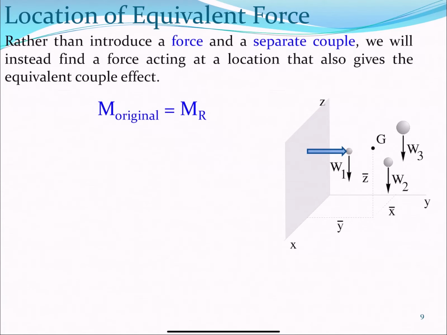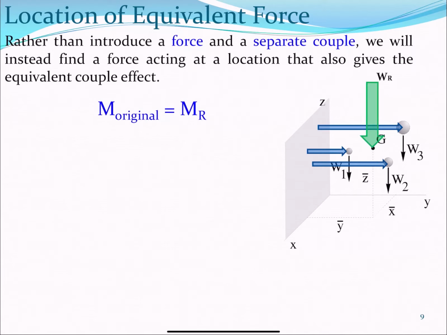So here are the moment arms with respect to the xz plane. These are the y moment arms, or the moment arms in y. For each particle we have a moment arm. And we have the resultant force, equal to the 3 weights.